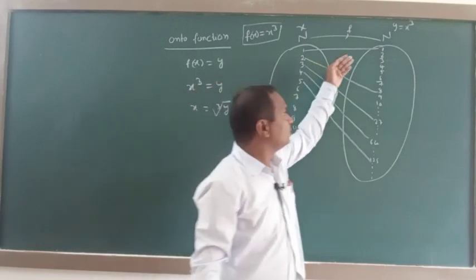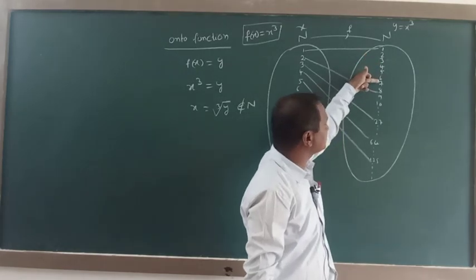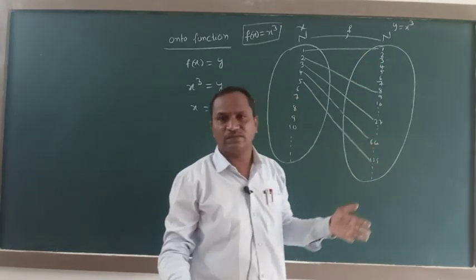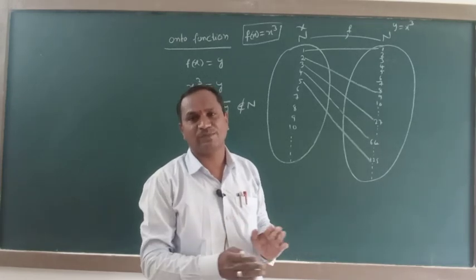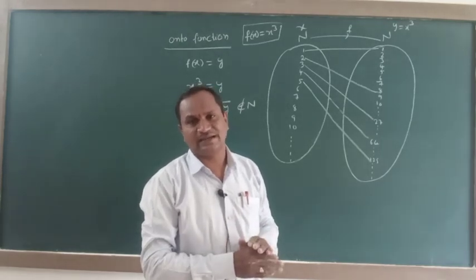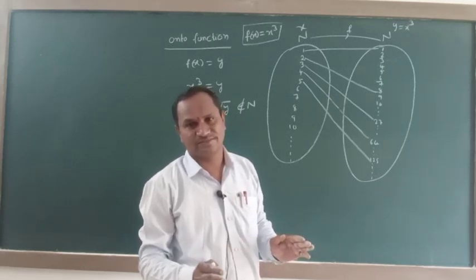See here, if you observe, some numbers like 2, 3, 4, 5, 6, 7, 9, 10 did not associate with any element of domain capital N. That's why we can easily tell that codomain is not equal to range.